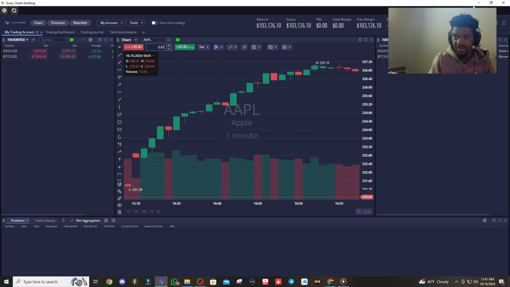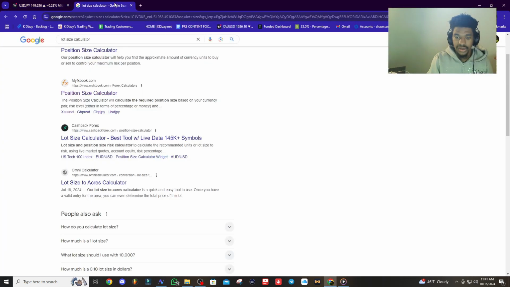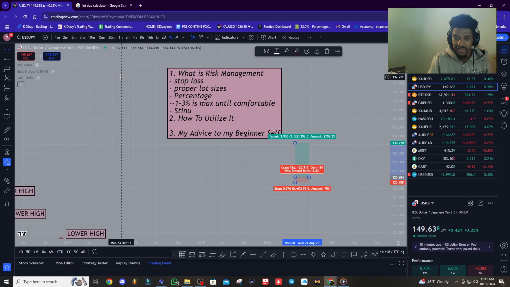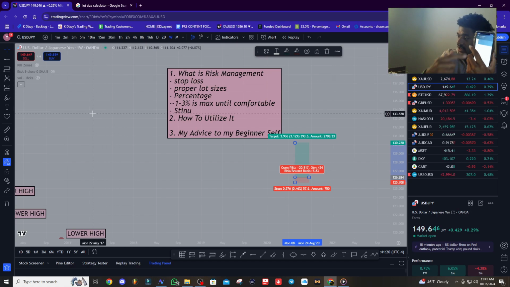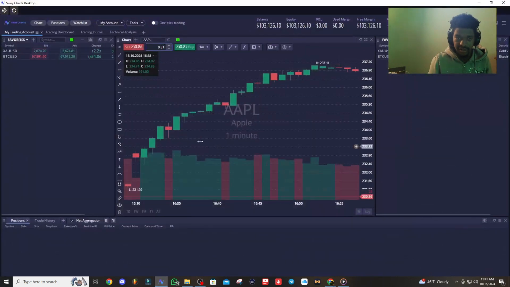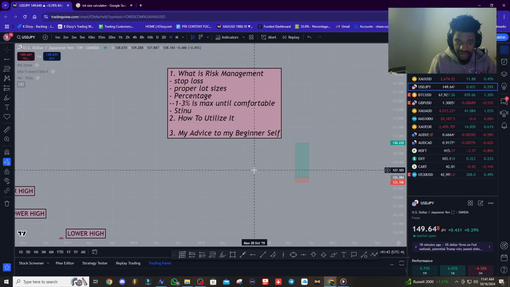That's why I said there are lot size calculators, like I showed you: the account balance, your percentage, and your stop loss, and it calculates into a certain number. You put that number in here, and you will be aware of how much you're risking per trade and how much you're going to be gaining per trade. So yeah, that's that right there.